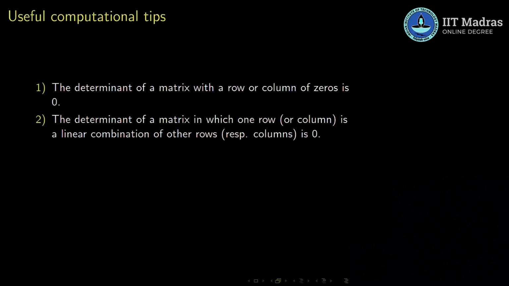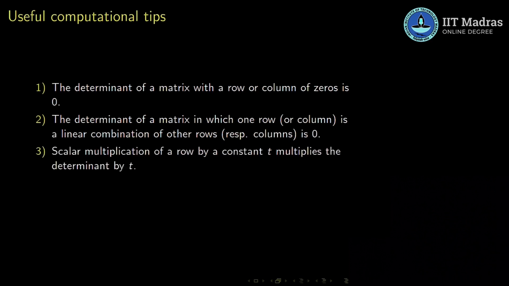Why is that? Because remember, we can add multiples of a row to another row and the determinant remains unchanged. So you keep adding the appropriate multiples of the other rows to that particular row and you make it 0. Once you make it 0, the determinant remained unchanged and you have a 0 row or column, and that's how you get that the determinant is 0.